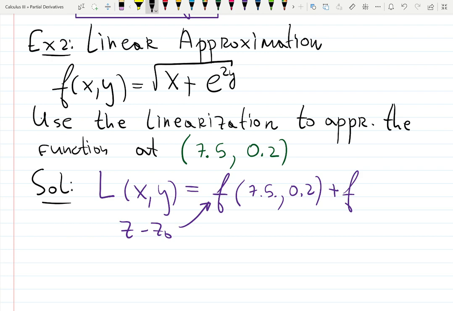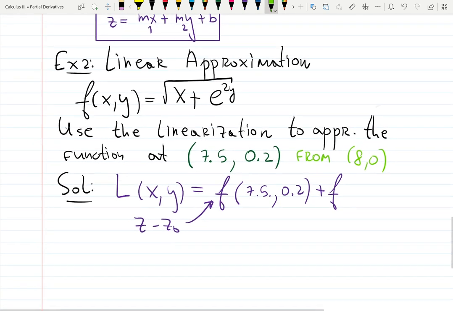Let me tell you what I want to do. Oh, I see what they wanted. The function, from, yeah, that's what I do. I see. There's a continuation from the different point, 8 and 0. So this is what is happening here.